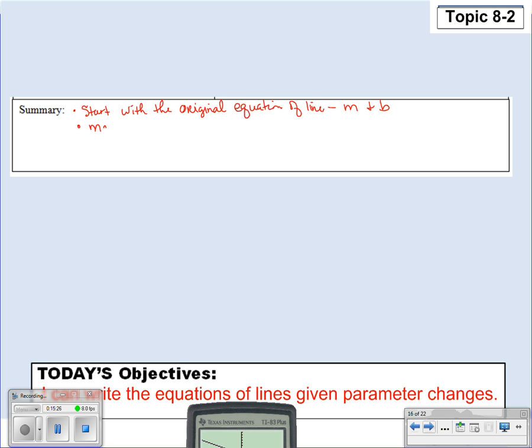Next, we'll make our changes to m and b, and we will write the new equation. Last, an observation is that the line that has the larger slope is steeper. So the larger slope has the steeper line. This concludes topic 8-2.